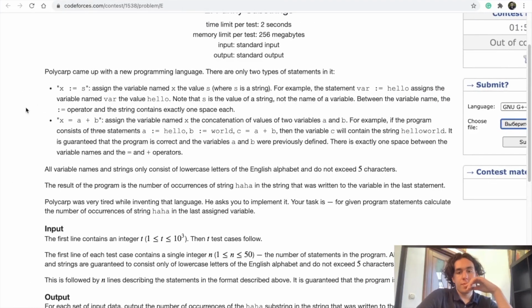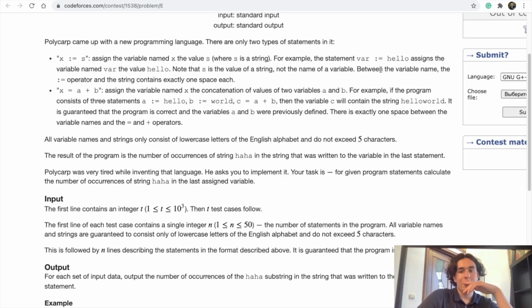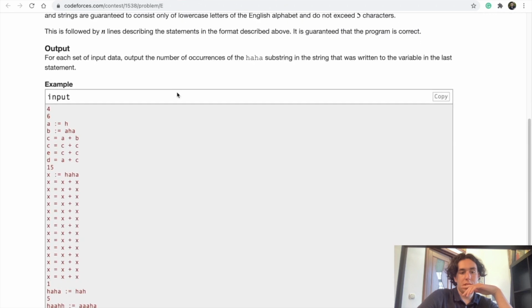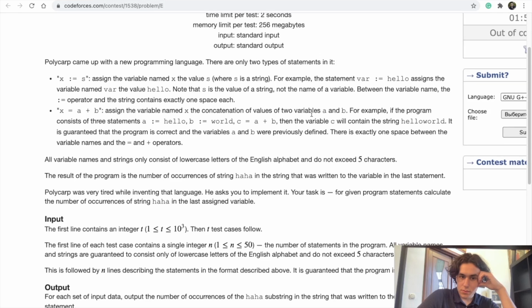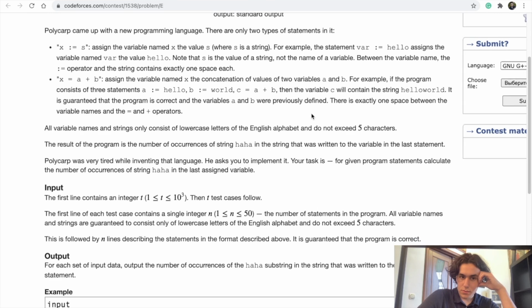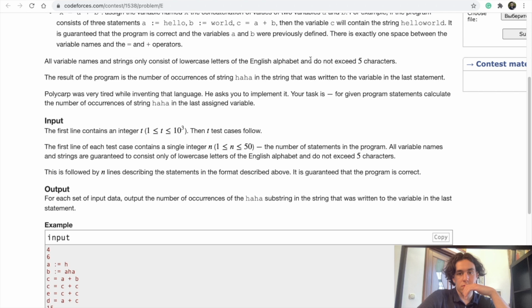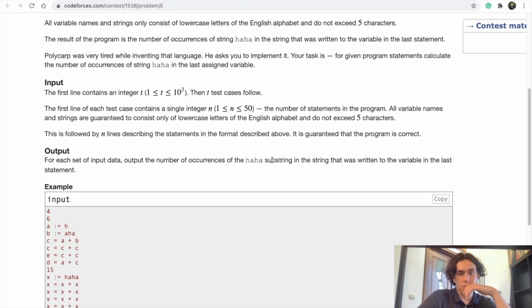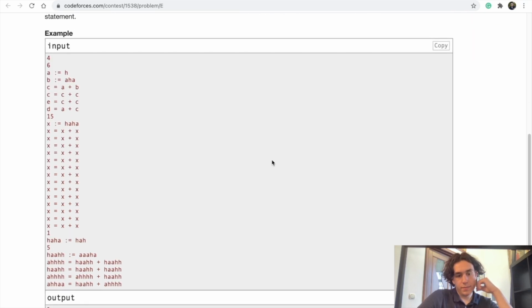Assign the variable x. Okay. One space h, yeah. Okay.